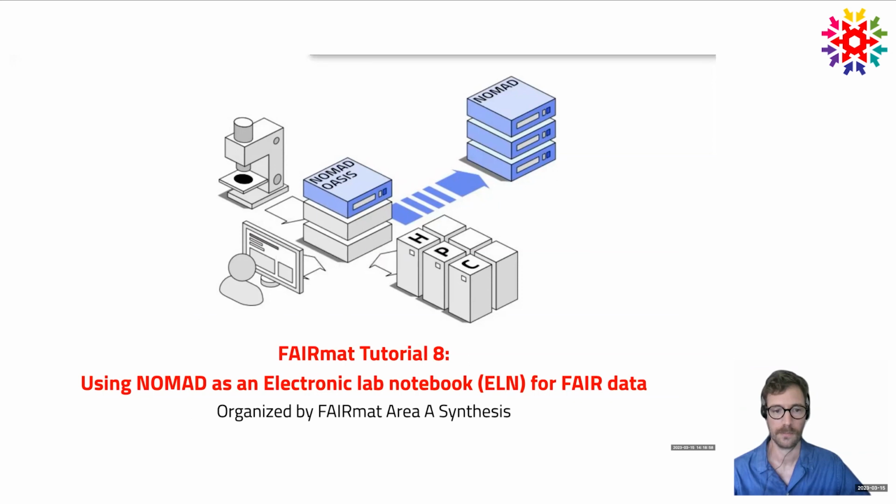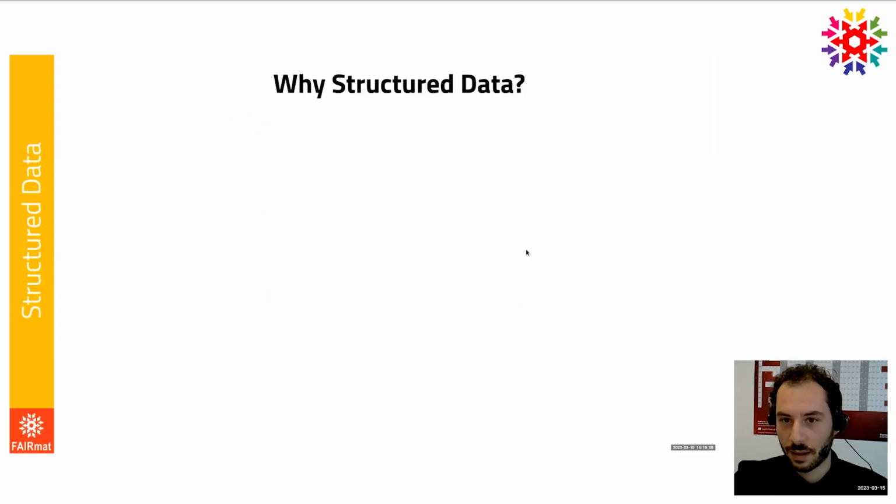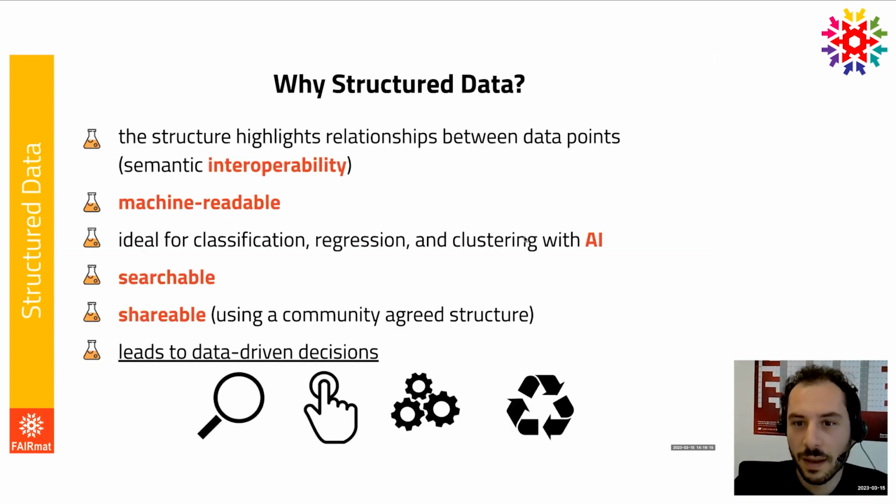So hello everyone, and in this second part of the introduction I will show a little bit the basic concepts that are connected to structured data. So once again, I will start by telling the main reasons that make structured data important. First of all, the structure highlights the relationships between data and discloses the interoperability of different data sets.